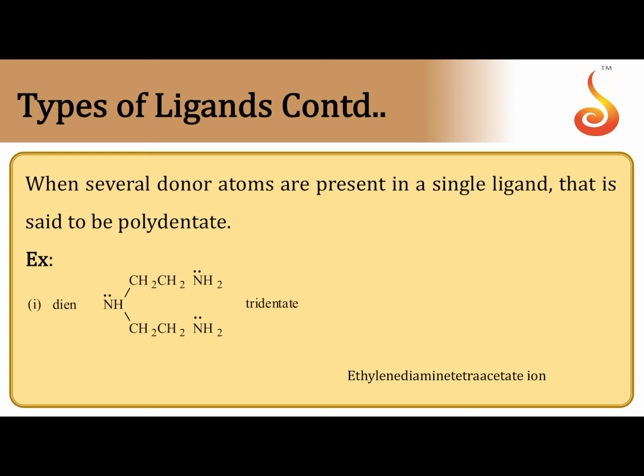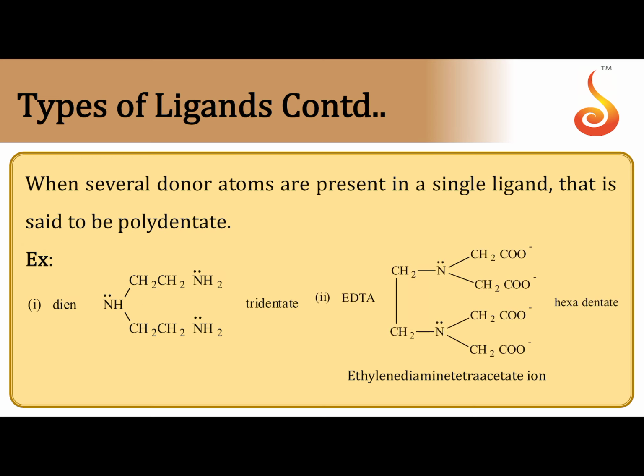Next, polydentate: more than two dative bonds formed by a single ligand. They are called polydentate ligands. Example: diethylene triamine. In this case, there are three donor atoms in the form of three NH2 groups, so the single ligand can form three dative bonds with the central metal atom; that is a tridentate ligand.